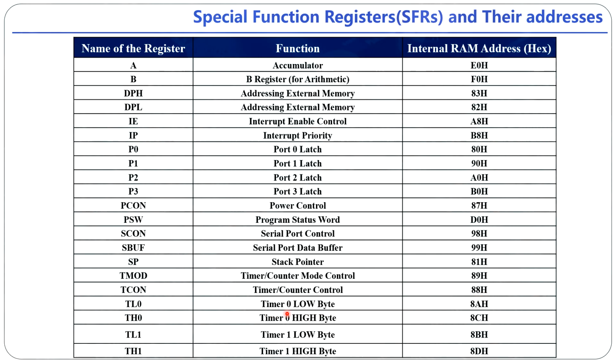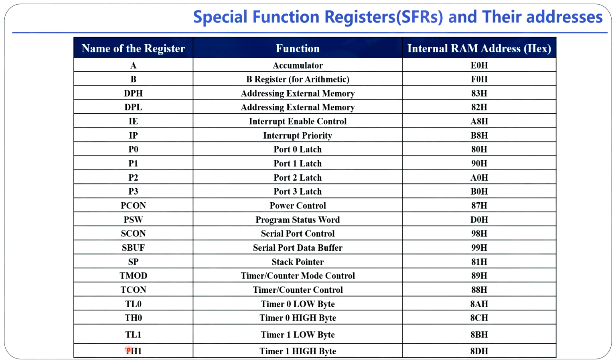TL0, timer 0 low byte, is at the 8AH location. TH0, that is the timer 0 high byte, is at the 8CH location, right? Next register is TL1, that is the timer 1 low byte. The location of this register is 8BH.